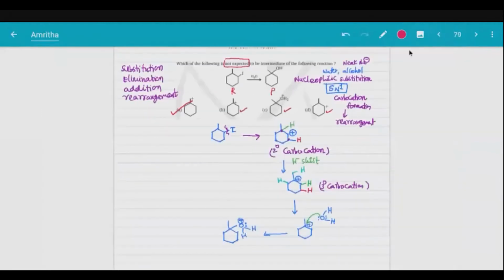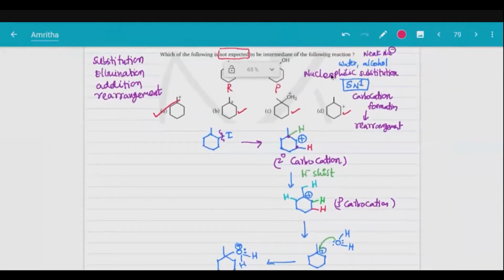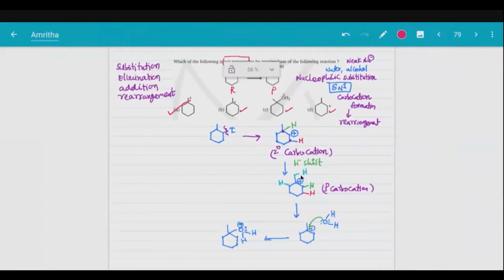the last question. So what I'm doing is, it is SN1 reaction, I know, because water and alcohol, SN1 reaction. First, you have to break the carbon halogen bond, okay, plus charge. Now, secondary to tertiary possible, yes, by shifting H minus. But after getting tertiary, you can't shift any other hydrogen which doesn't give stability.